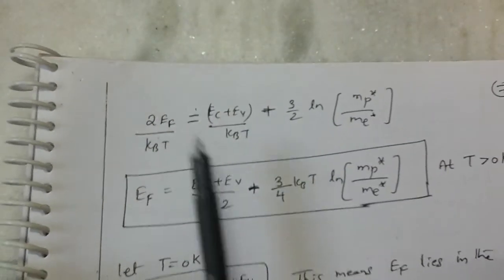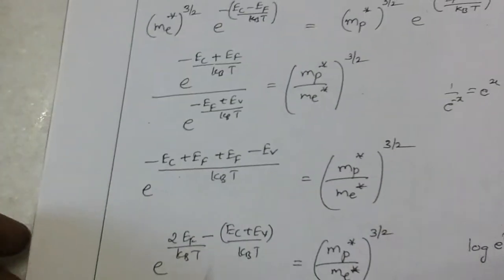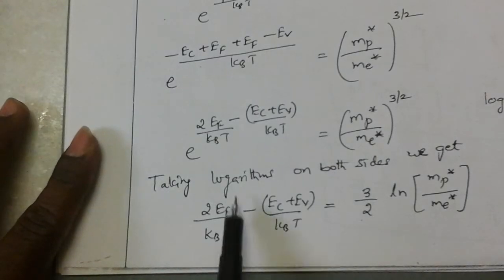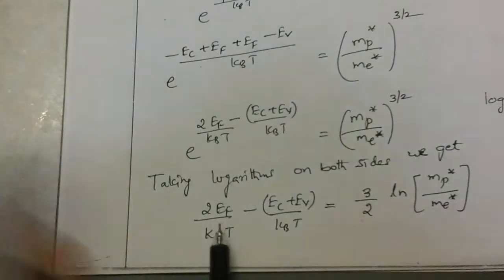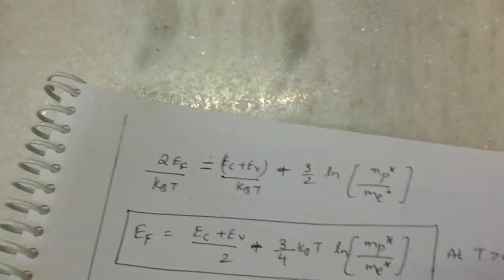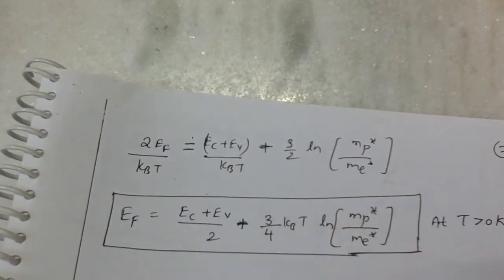But you can see here the next step. 2EF by KVT, this value only is on the left side of the equation. So 2EF by KVT is equal to this value.